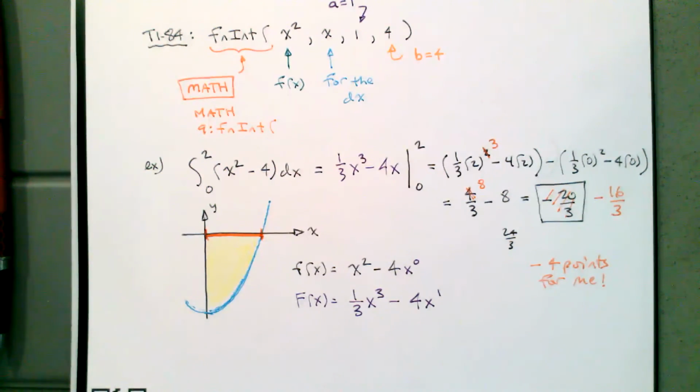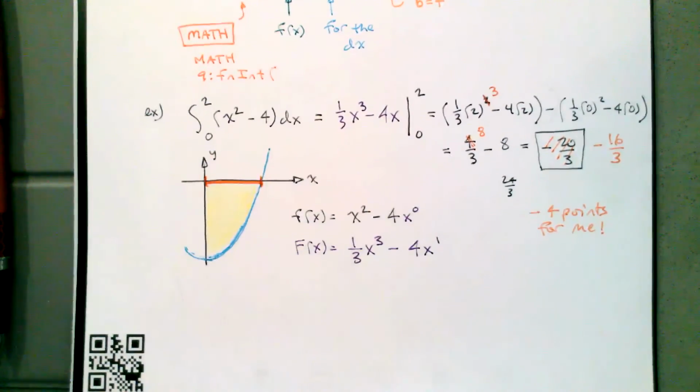So here's what we find when the function is below the x-axis. The definite integral, we'll just call that negative area. The definite integral reports area below the x-axis as negative.